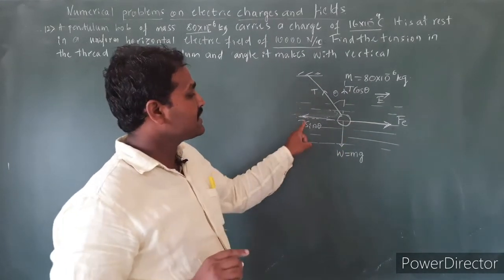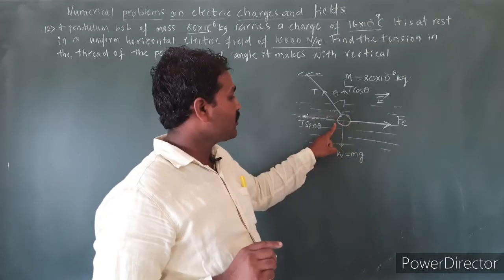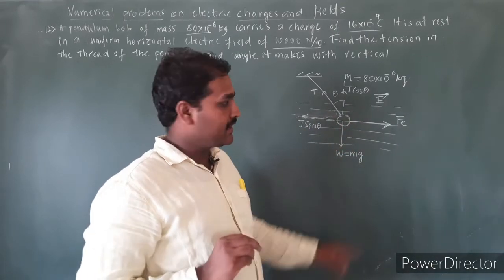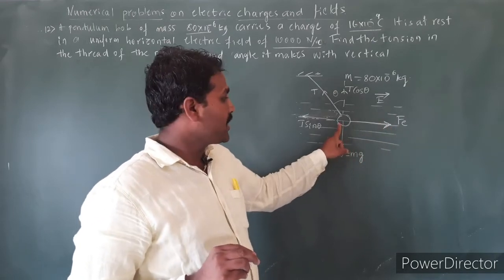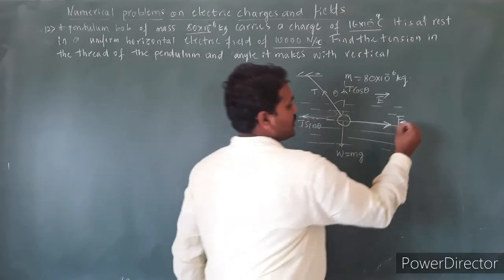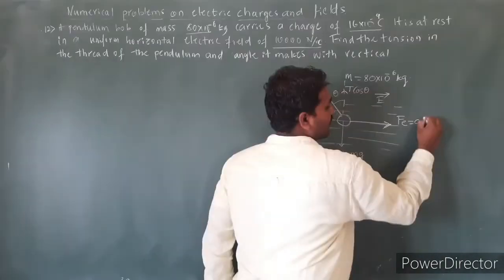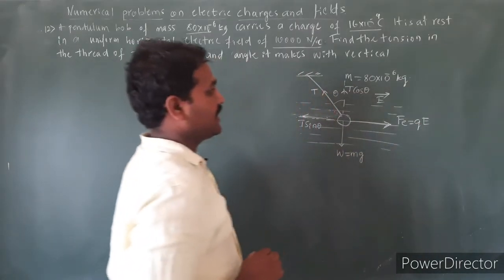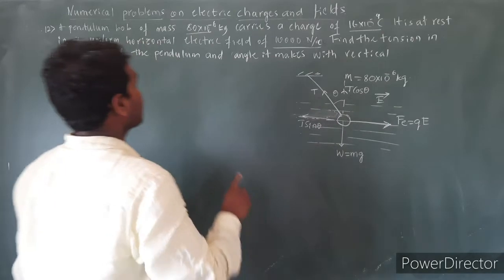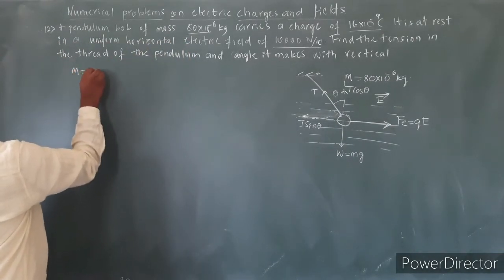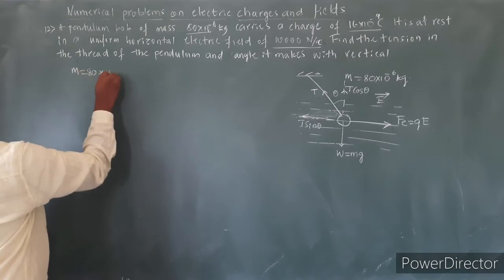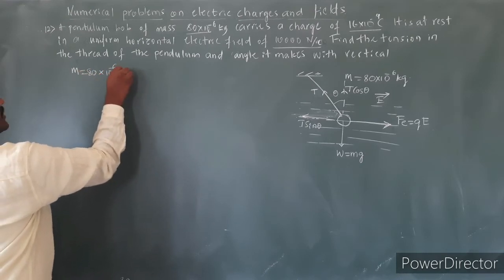Let us consider what are the horizontal forces acting on the pendulum. We have two forces here. One is the electrostatic force exerted on the pendulum by the electric field, which is given by the charge of the pendulum times the magnitude of the electric field. And let us write down the data given. The mass of the pendulum is M equal to 8 into 10 to the power of minus 6 kilograms.